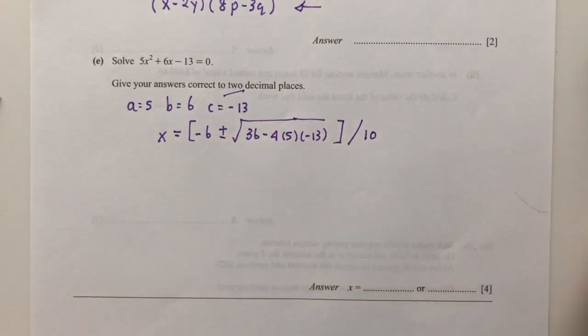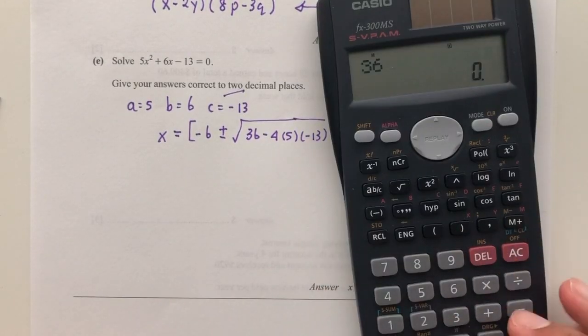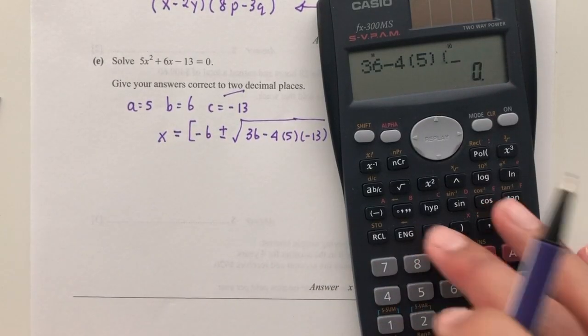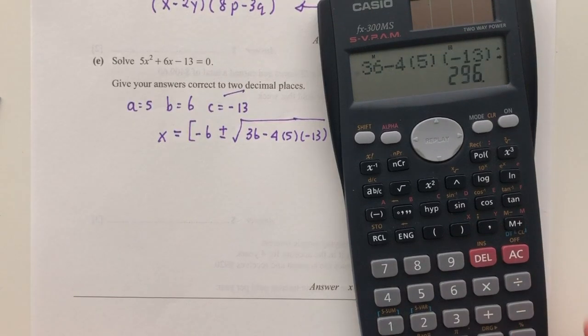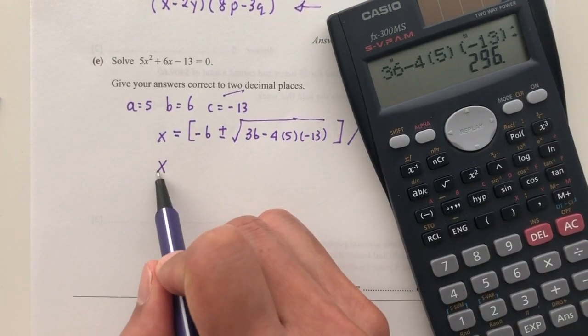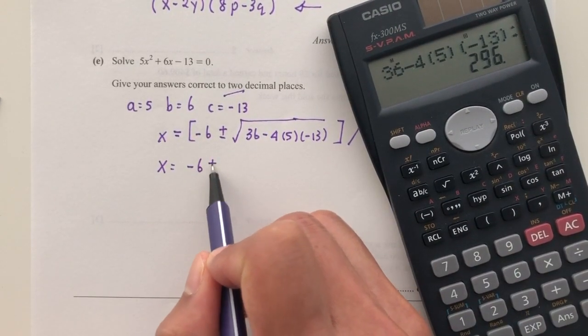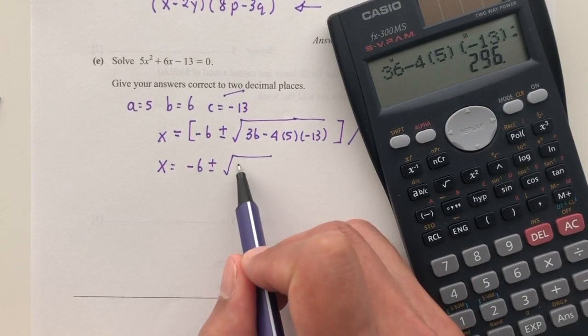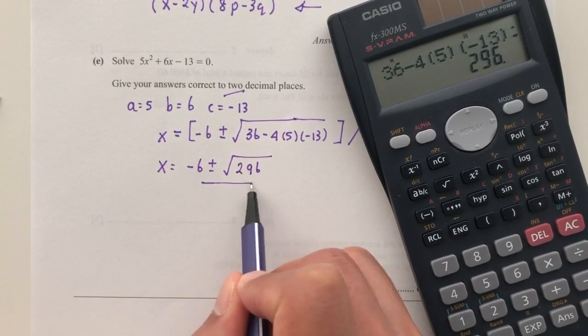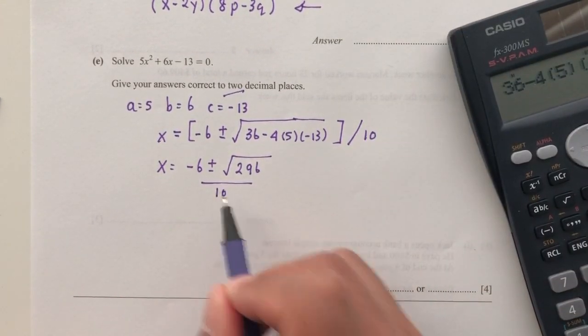Now let's simplify this one. 36 minus 4 times 5 times minus 13. That will be x equal to minus 6 plus or minus square root of 296 divided by 10.